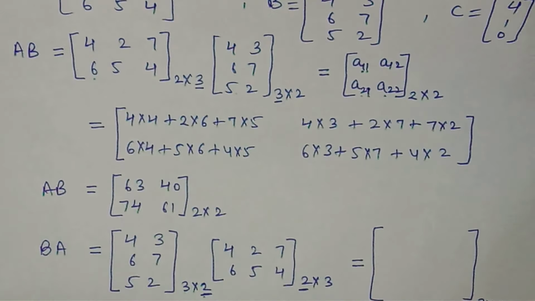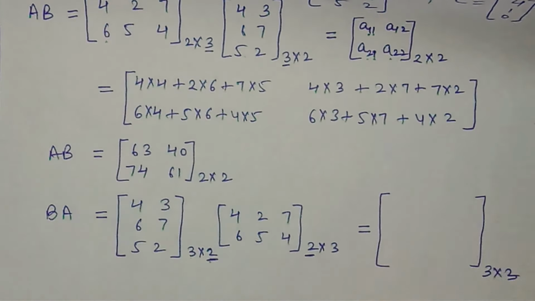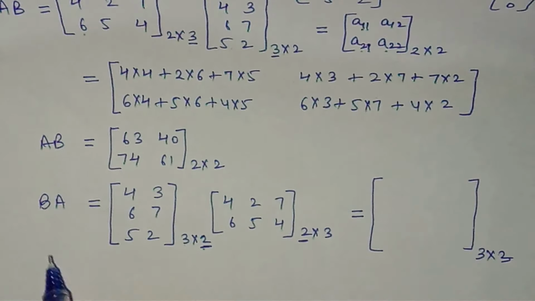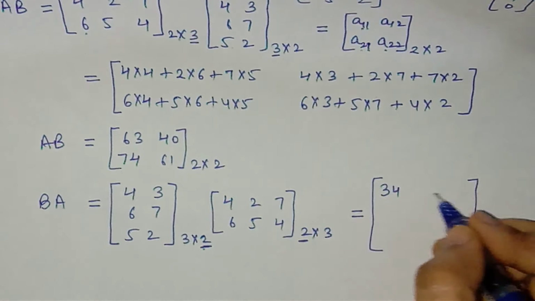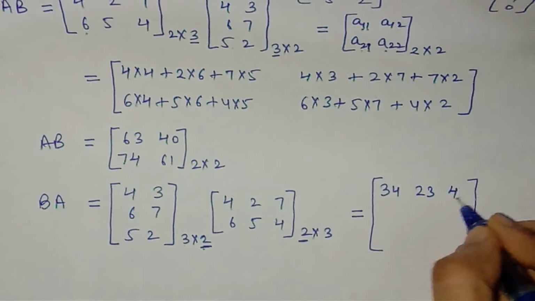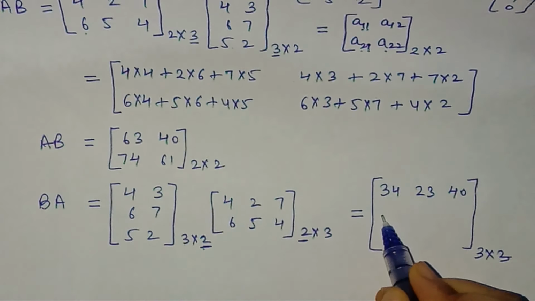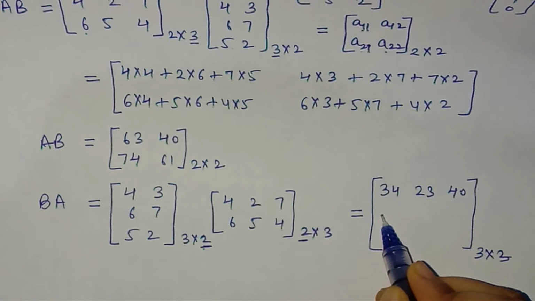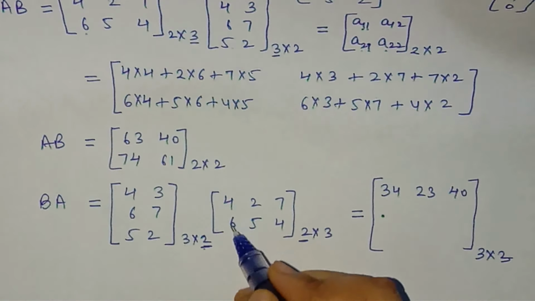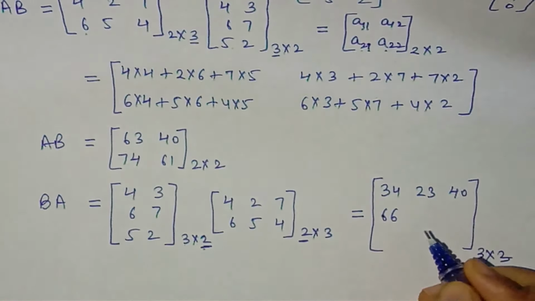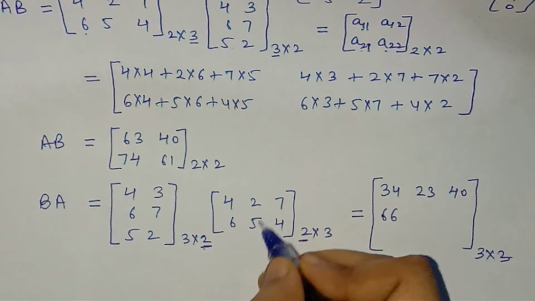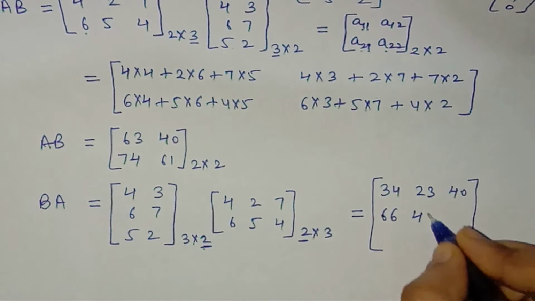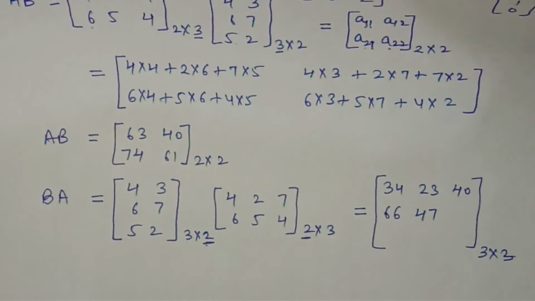And in the same manner you can calculate the elements of this B into A matrix, which will be a matrix of order 3 into 3. I am writing the elements 34, 23. The next one is 40. The next will be A21, that is second row and first column. When you multiply it like this and add the product, you will get 66. Then second row, second column. Multiply the corresponding element and add, we get 47.